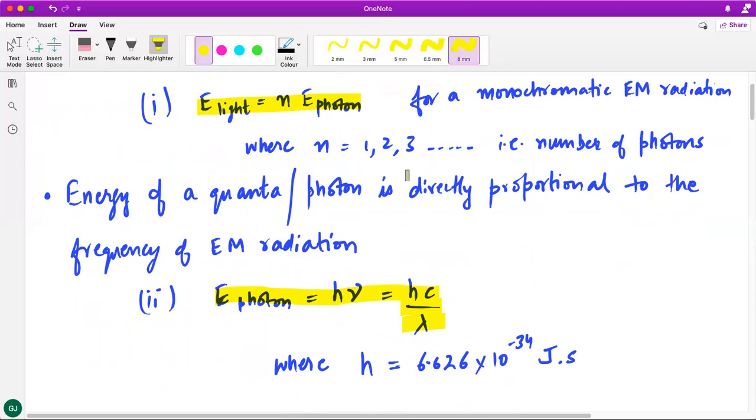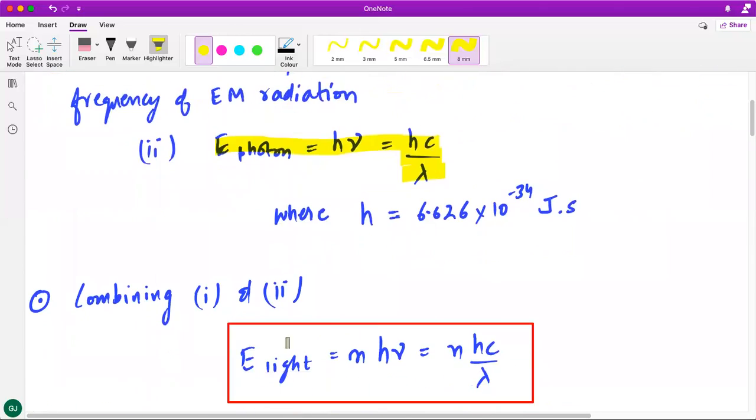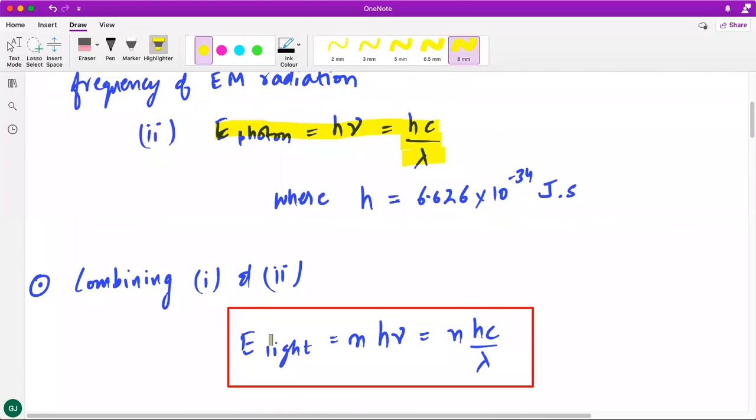Now, if I combine these two equations, what I simply get is that the total energy present in a beam of electromagnetic radiation can be written as n times h nu or n times hc by lambda. Now, this is the primary equation that we will be seeing while solving questions in this particular concept.